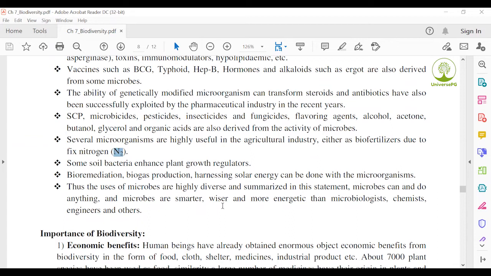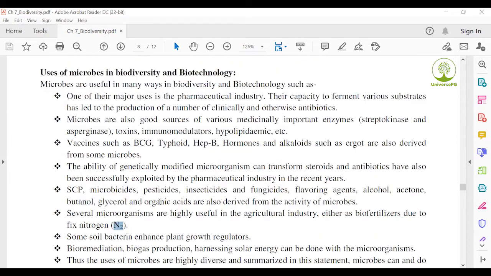You know about biogas, and it is generally used for different purposes: lighting, motor generator generation, and as a vehicle fuel. And this type of microorganisms we also use in the bioremediation process for the treatment of different toxic pollutants from our natural environment. Those points are the uses of microorganisms in biodiversity and biotechnology.